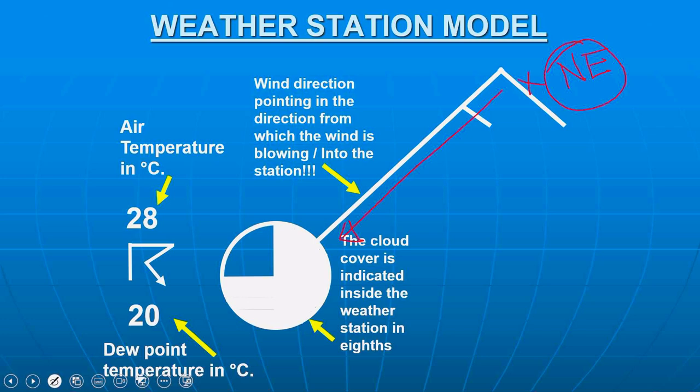So the more that round part is shaded, it means the more the cloud cover. And again, learners, please be careful. Not the higher the cloud cover, because that now refers to altitude and not to the amount of sky that will be covered by the cloud.